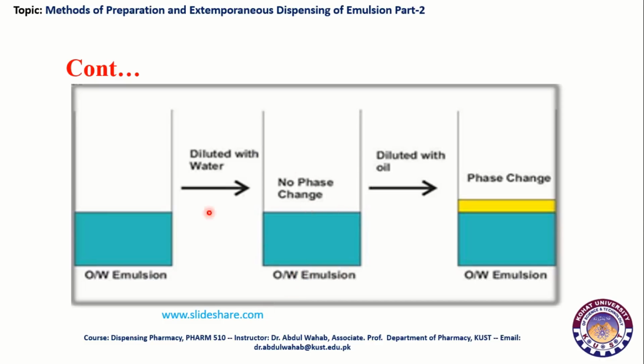But if an oil in water emulsion is diluted with oil, then a phase change will occur. If we add oil instead of water, the emulsion will be destabilized and phase changes will occur.